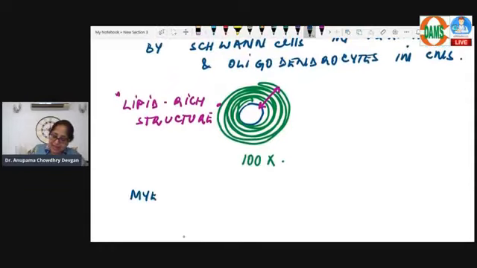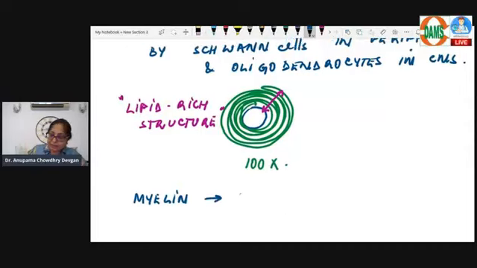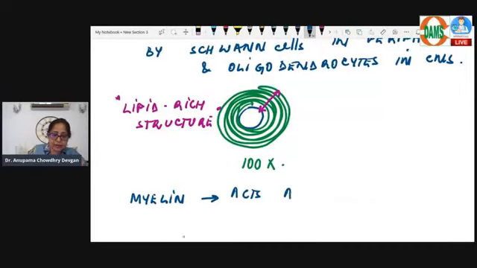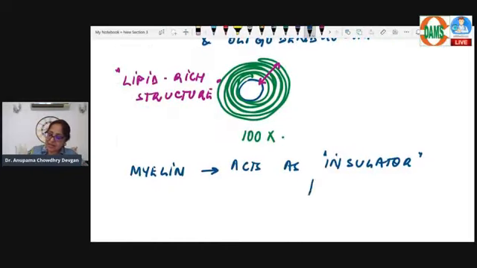Myelin acts as an insulator, and when it acts as an insulator, it increases the membrane resistance.